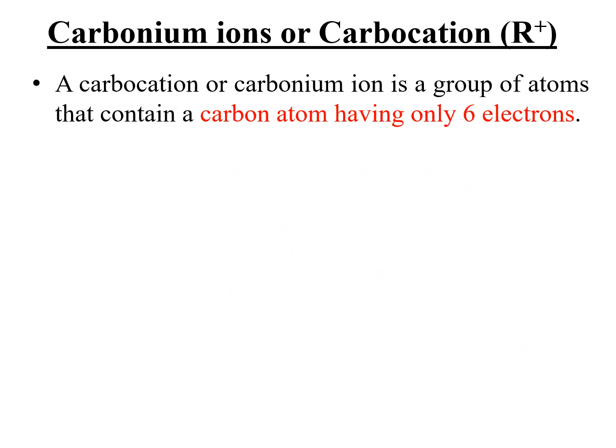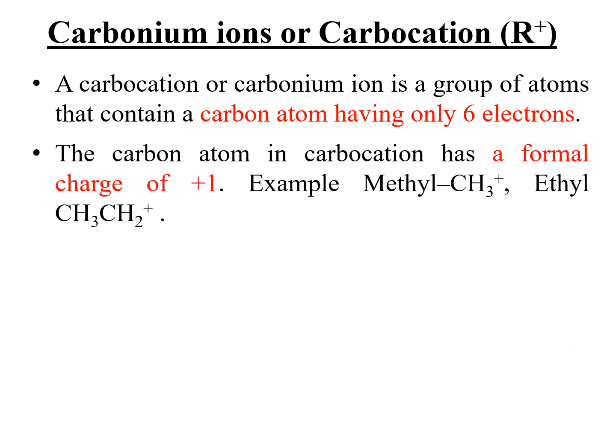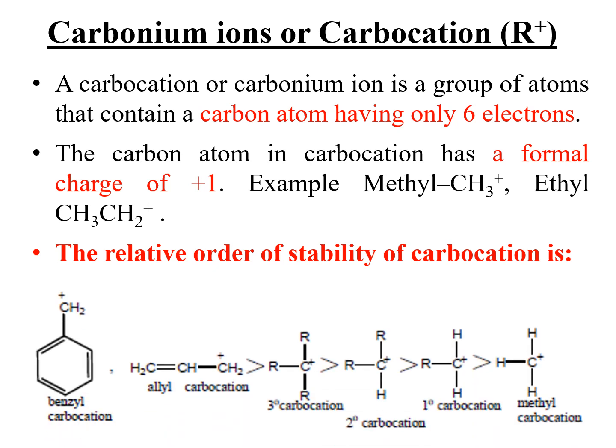In a carbocation, we're talking about a compound, a group of atoms that contains carbon that has only 6 electrons. That's why it is represented by a positive charge. Typical examples are seen in our alkyl groups, methyl, ethyl, and the like. The relative stability of carbocations is just like that seen in radicals.